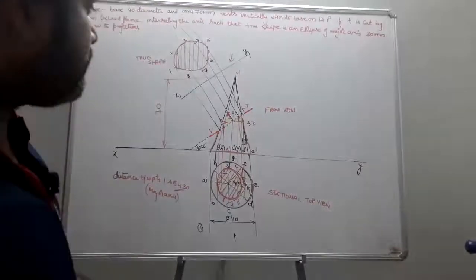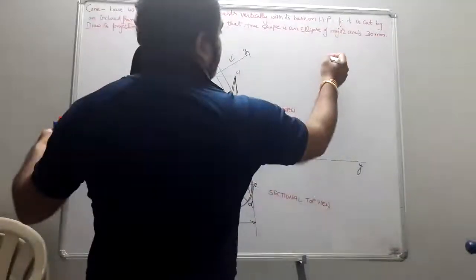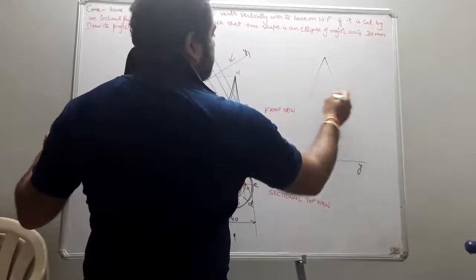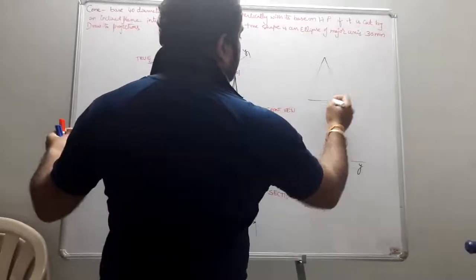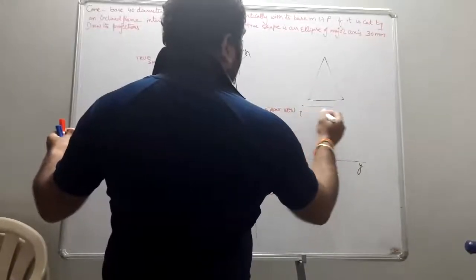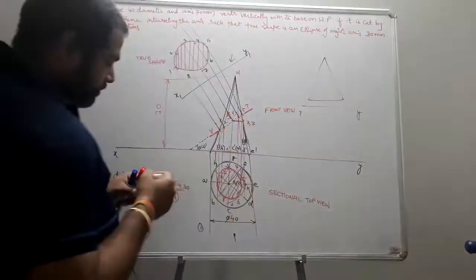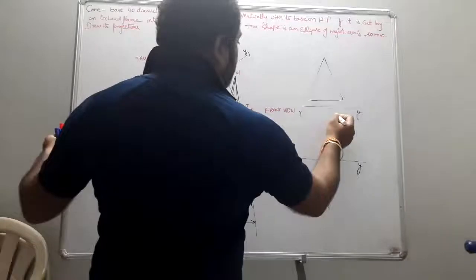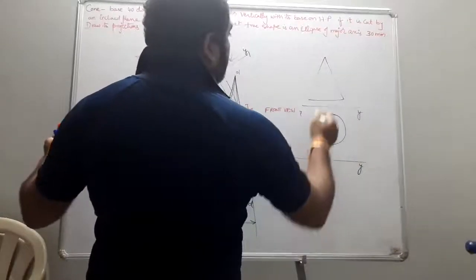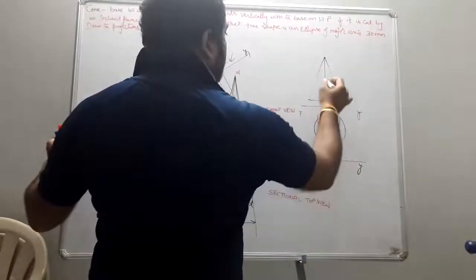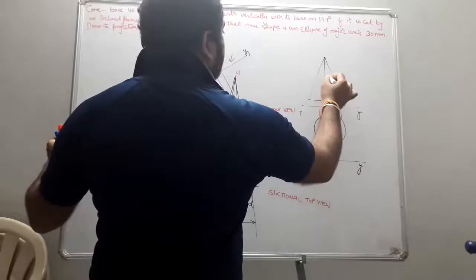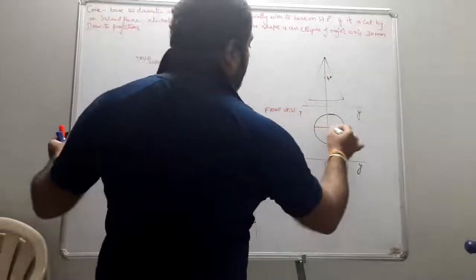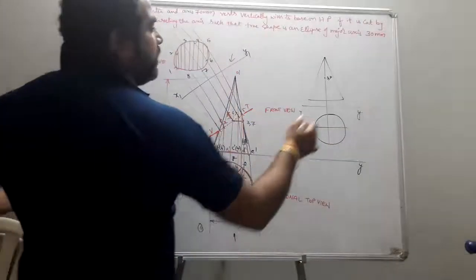If you see, this was your figure actually. XY. So this was the circle. The points are going to be 3 comma 7 here.